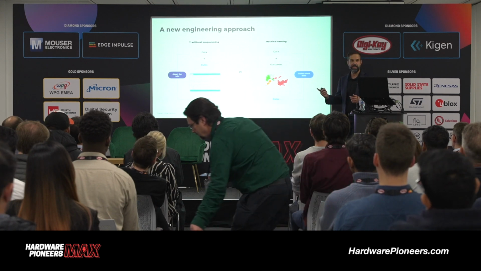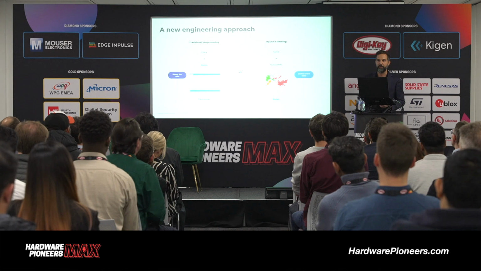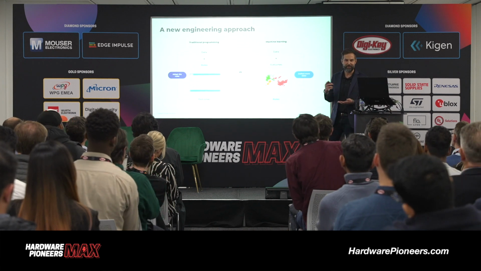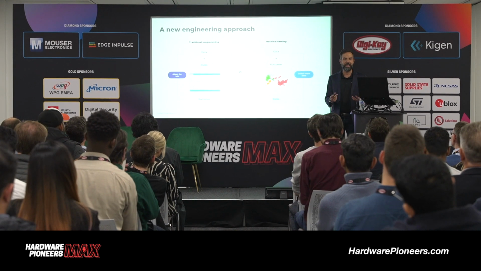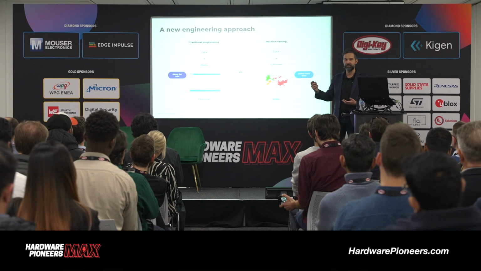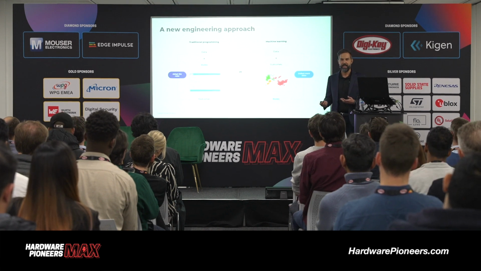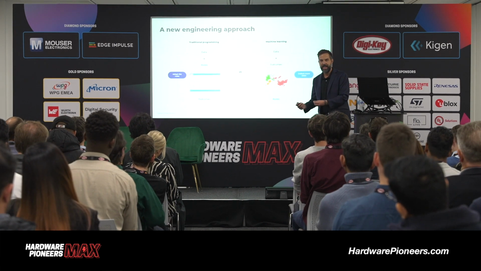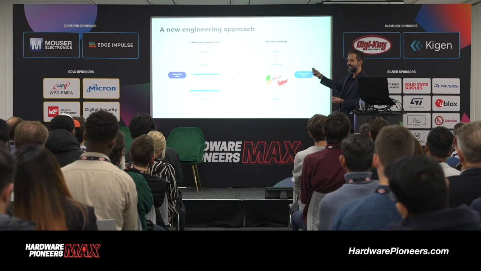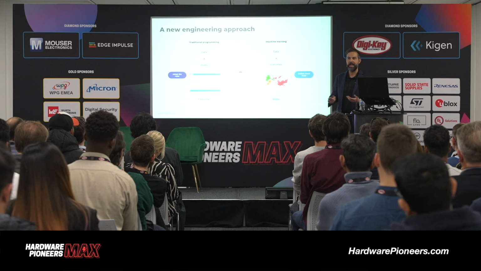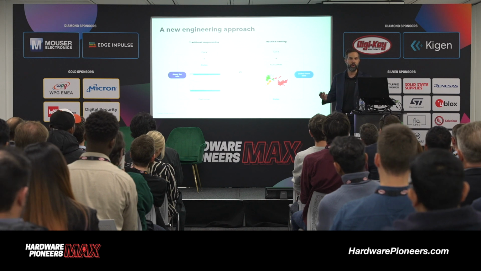Things are changing. The really cool thing about machine learning is that you don't have to code anymore. It's not true. You still have to code, but the code is different. What you have to think about really is, how do I make the most out of my data? How do I use my data and extract valuable information out of that? In order to do that, you really need to focus on the data. And effectively, the data plus the outcomes, or the labels in machine learning terms, give you rules that you can use to understand the world around your products.